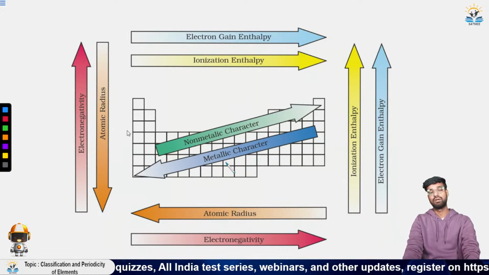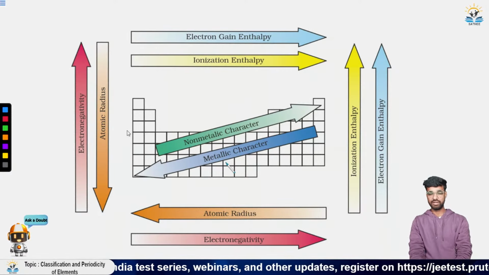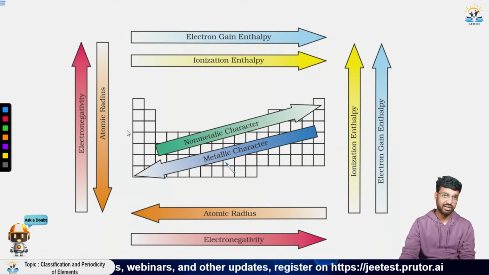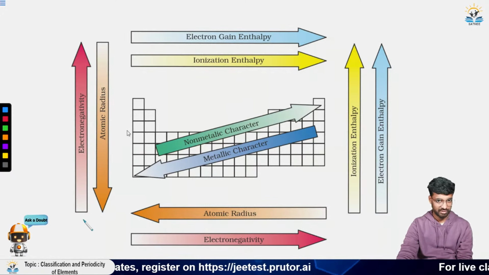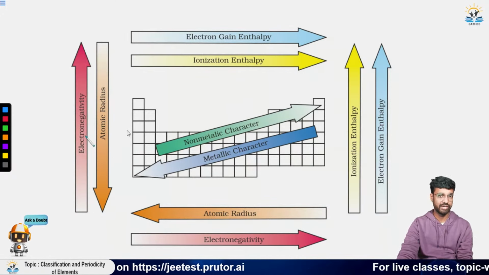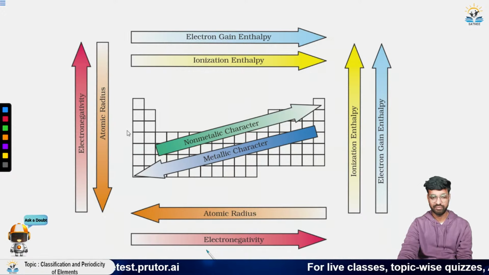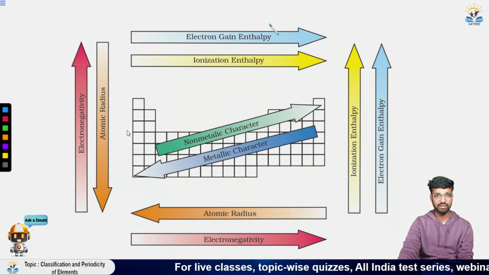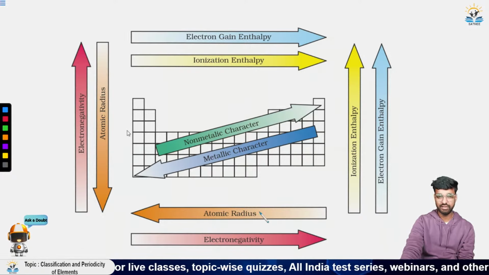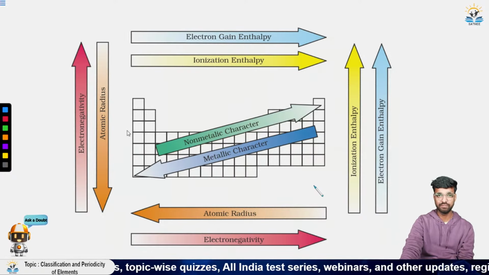Now let us summarize all of these properties in one diagram that is taken from NCERT. So as we move from top to bottom, electronegativity increases, and from left to right, electronegativity also increases. Okay. So you should remember this as a whole. That can easily help you to remember all the properties.